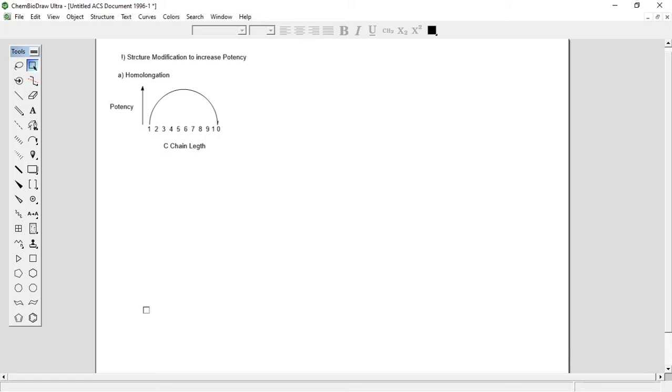If hypnotic activity is higher from hexanol to octanol, then the potency decreases on lengthening the chain, until no activity was observed for hexadecanol. So this alcohol has good hypnotic activity from hexanol to octanol.